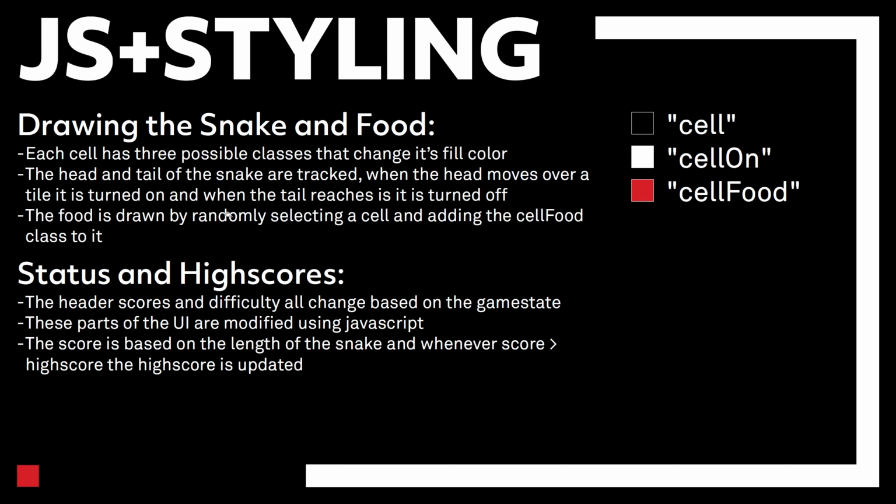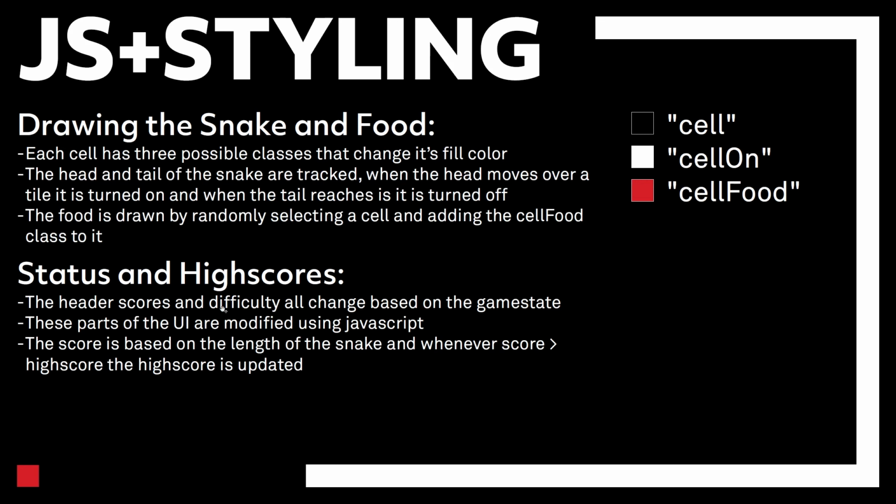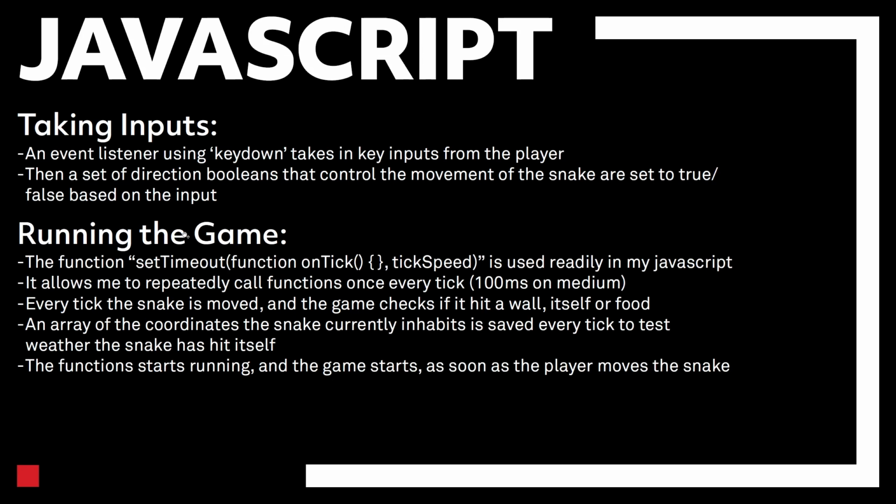The food is also drawn similarly, just by selecting a random set of coordinates and toggling that cell to food. The status and high scores are just updated by using JavaScript to change the inner HTML of the UI. The score is based on the length of the snake, and whenever the score is greater than the high score, the high score is updated.